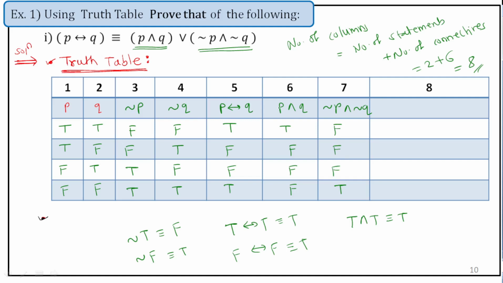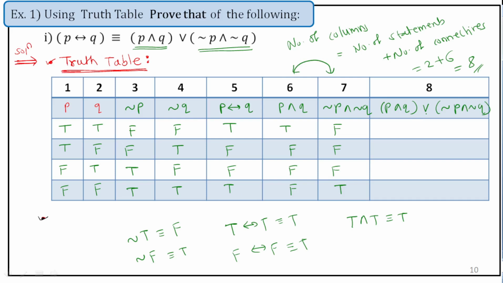Now consider the right hand side, P and Q or negation P and negation Q, using column number 6 and column number 7.